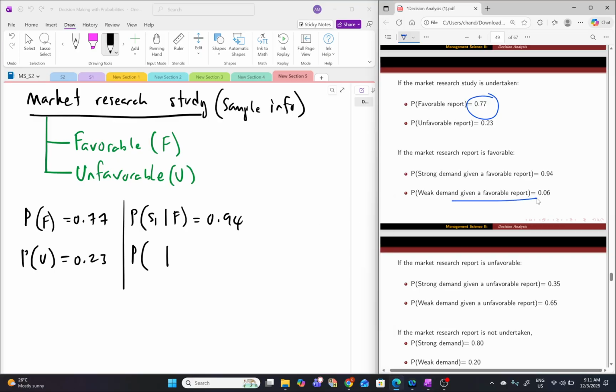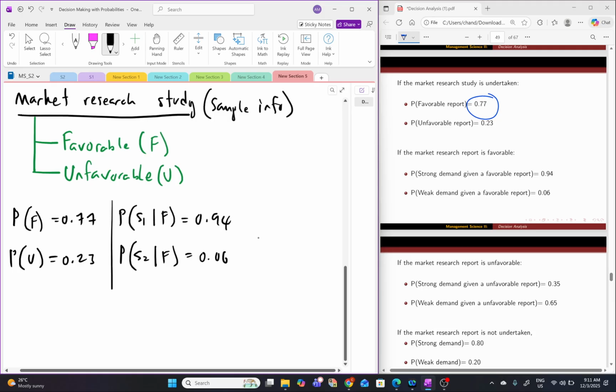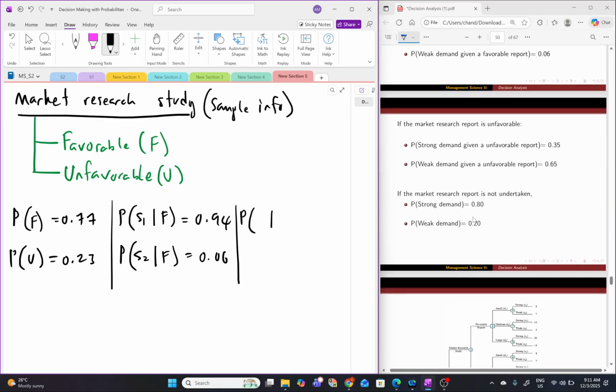There is a favorable report, but weak demand, this one will be lower. Same thing goes here. Unfavorable report, tapi ramai still nak beli. The probability, let's say 0.35.